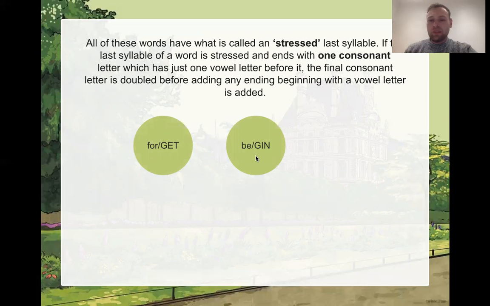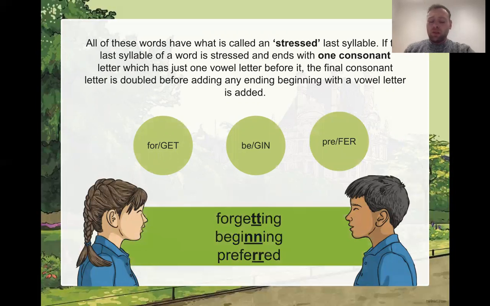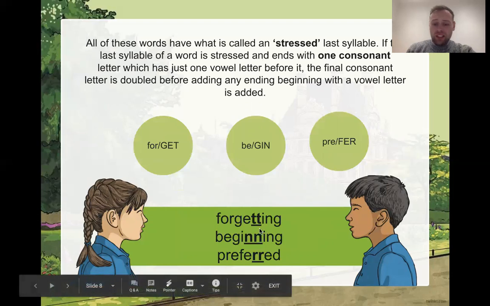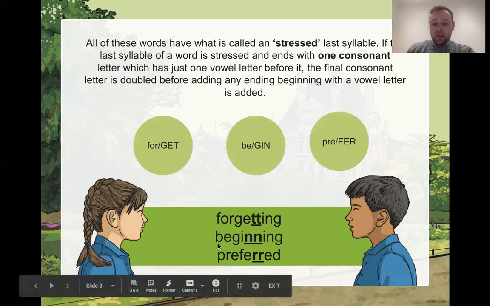You hear that gin sound, which means it's stressed a little bit more. Don't worry if you're a little bit confused about all of this, okay? What you need to do is just see the patterns, okay? So for getting, we have to add another T. Beginning, we have to add another N. Preferred, we have to add another R.